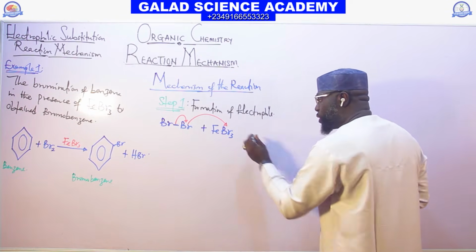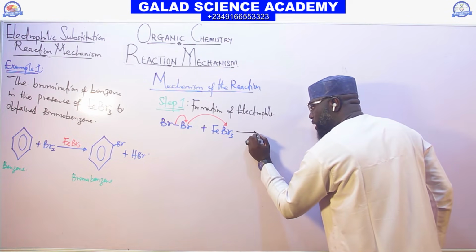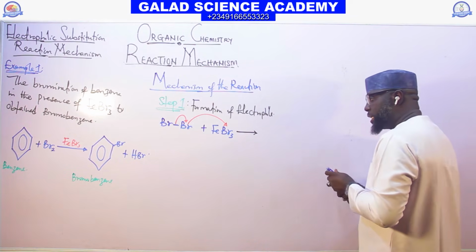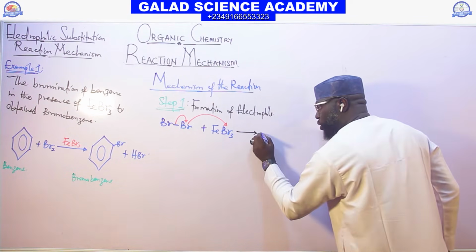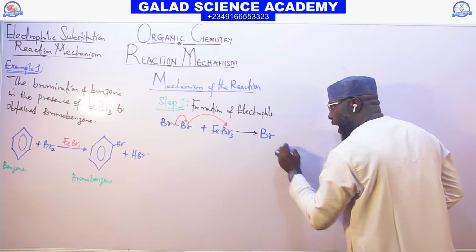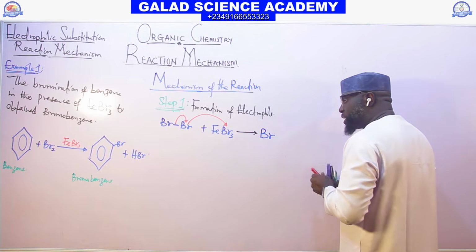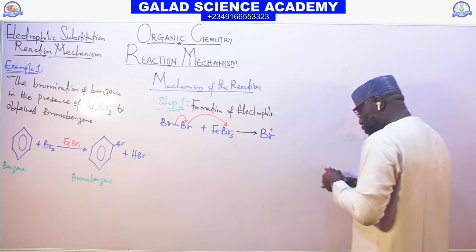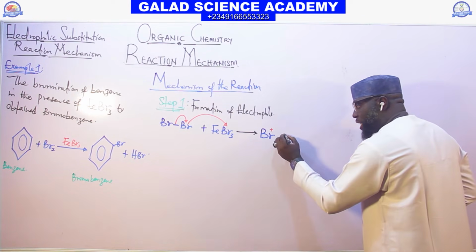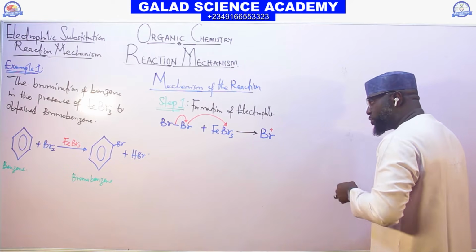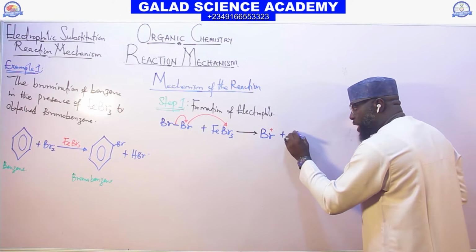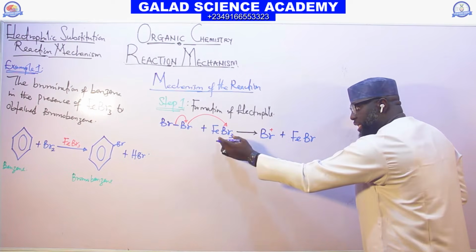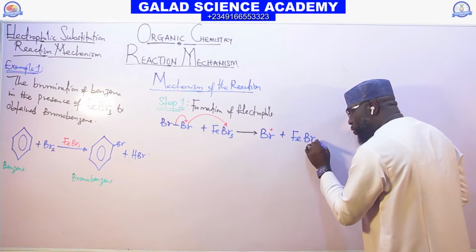As a result of that, this one loses the bond electron. We have Br, it will become Br positive. And this one is negative. It will now react with the catalyst. It will now give us plus FeBr, instead of 3, Br4.